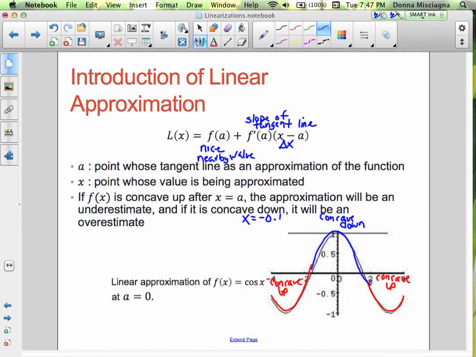And let's also use a value that is probably a little bit more than 3. So let's use the value 3.2. All right, so we'll use those two values.